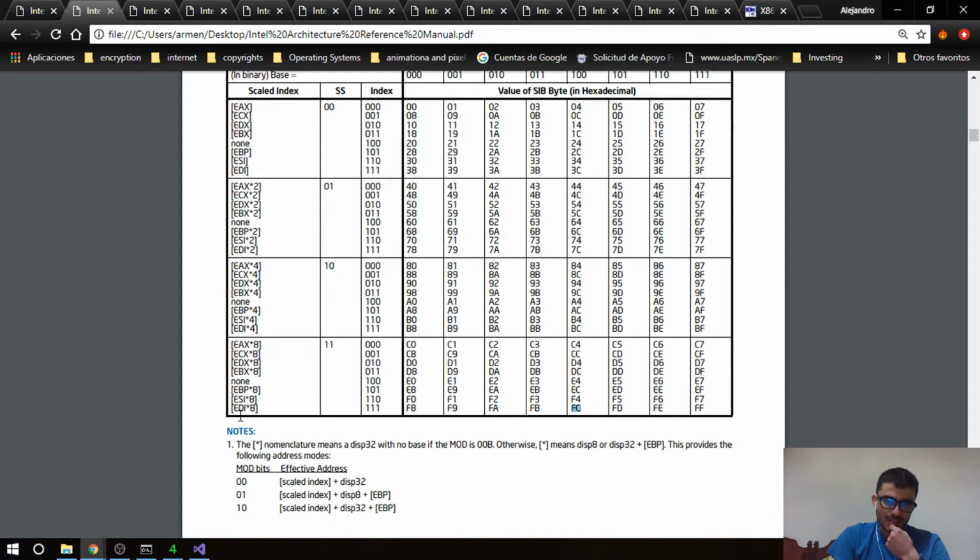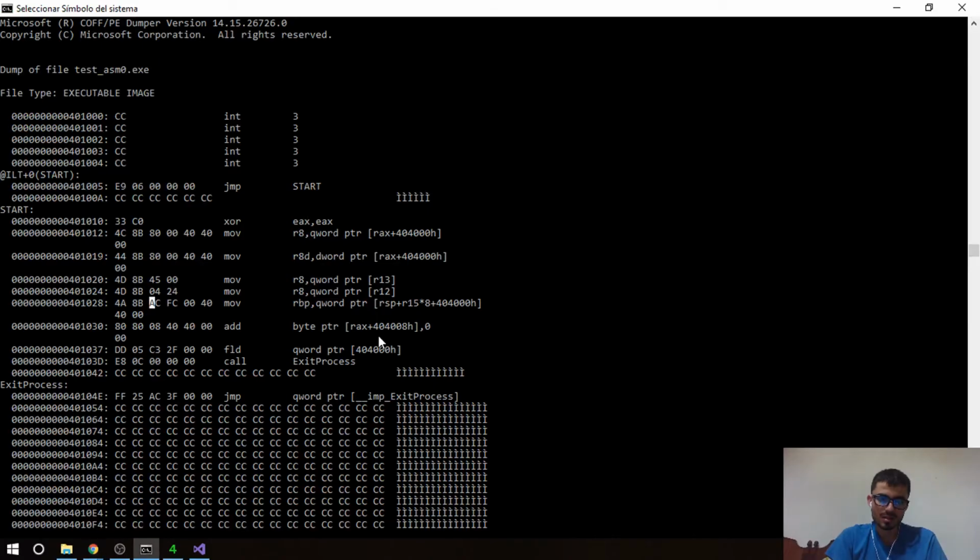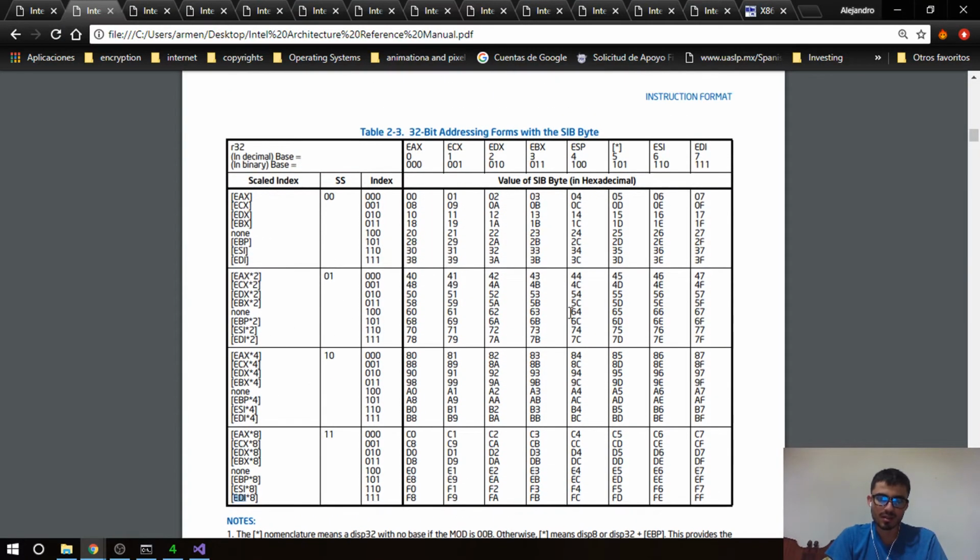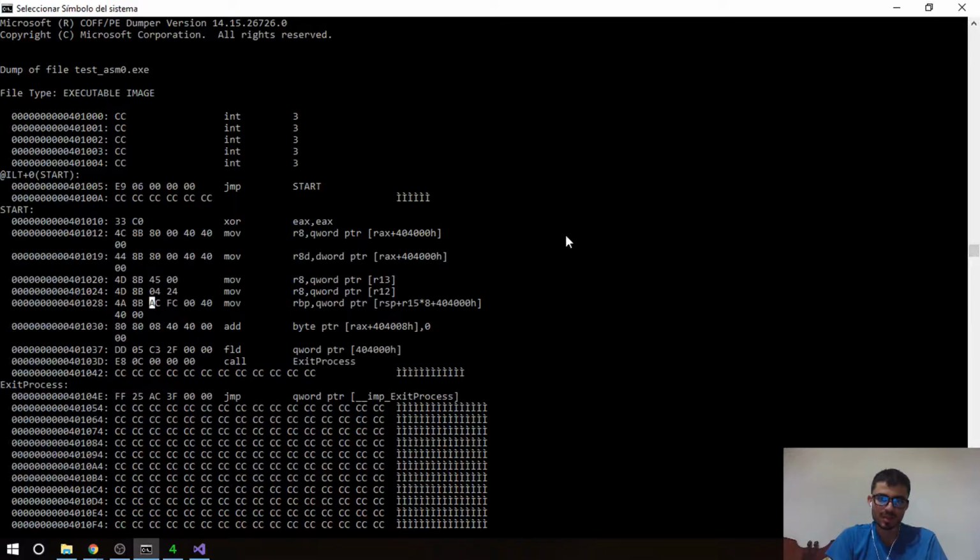So this means we have EDI, which takes the place of R15, you know, plus 8, and we got ESP as a base, which is RSP. So we have RBP, then we have the displacement, which has the cumulative thing there, and then we got the whole stuff to be constructed.